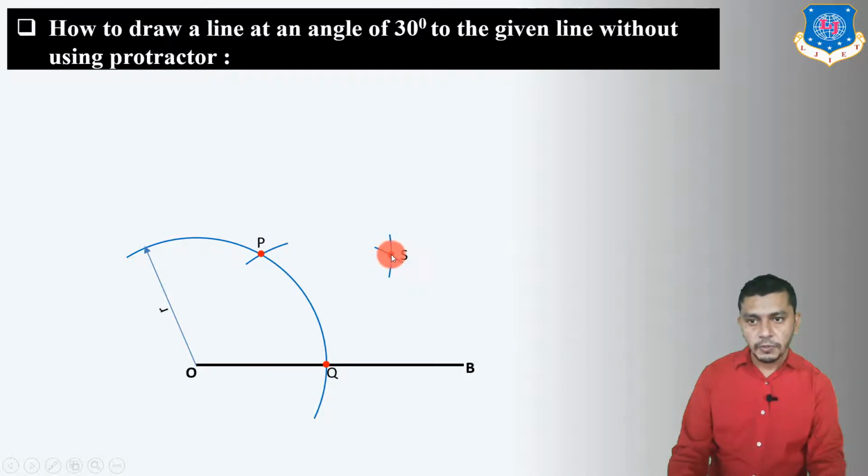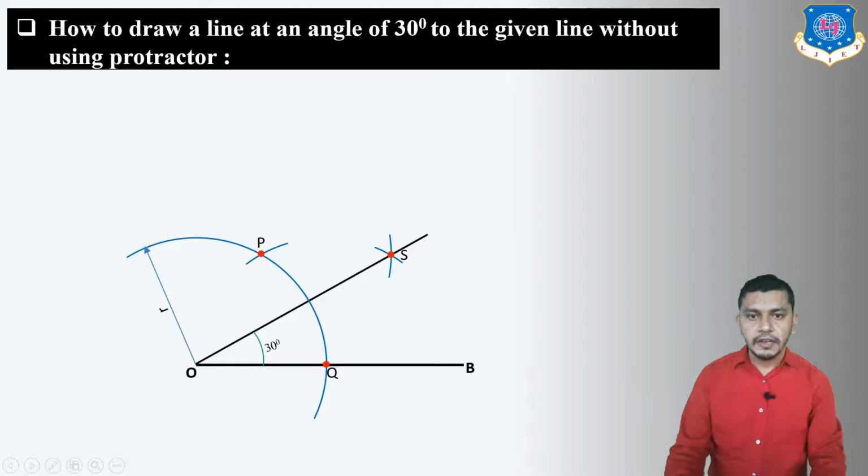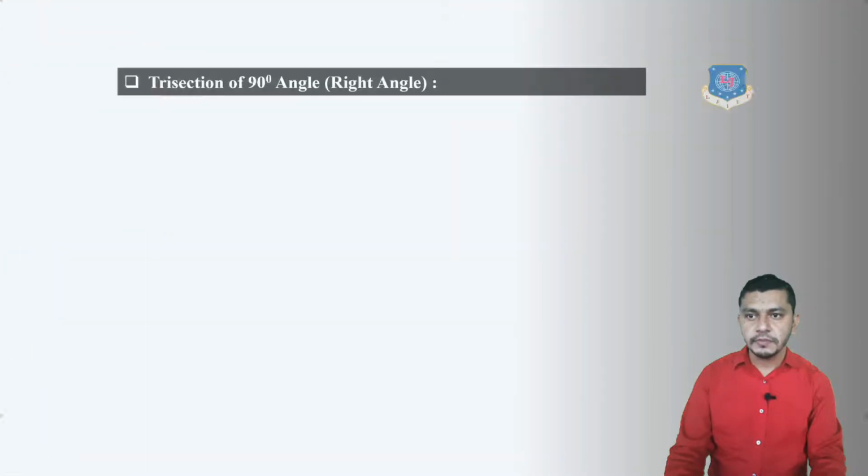Mark this point as S and connect S to O. This will be the line at an angle of 30 degree to line OB. So now we can say that the angle SOB will be 30 degree. This is how we can draw the 60 degree and 30 degree angle to the given line without using the protractor. Now let us move on to the next geometric construction.